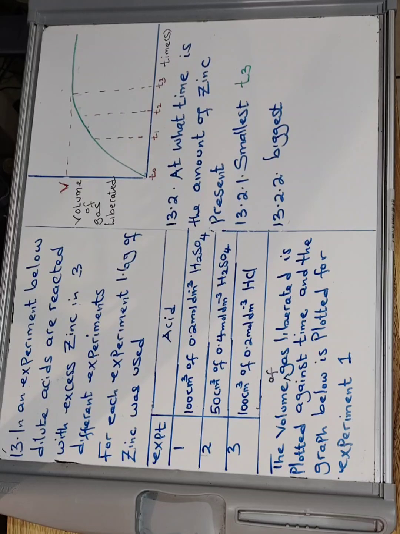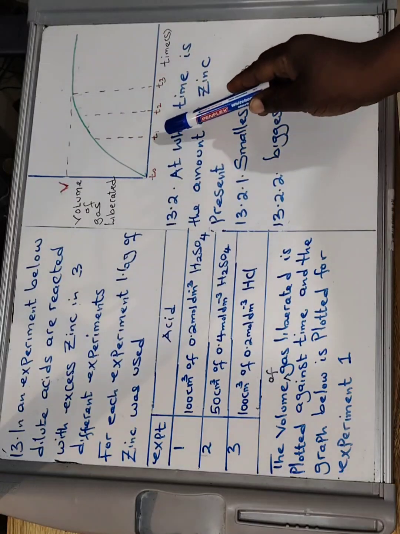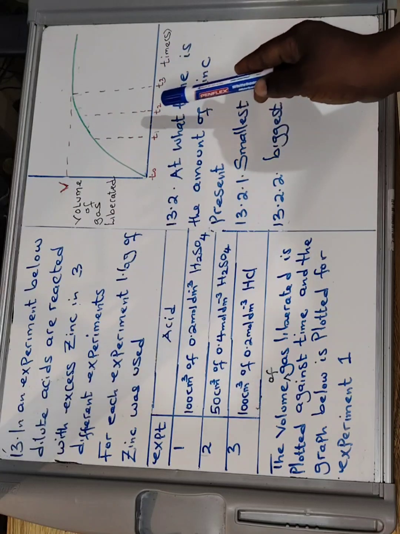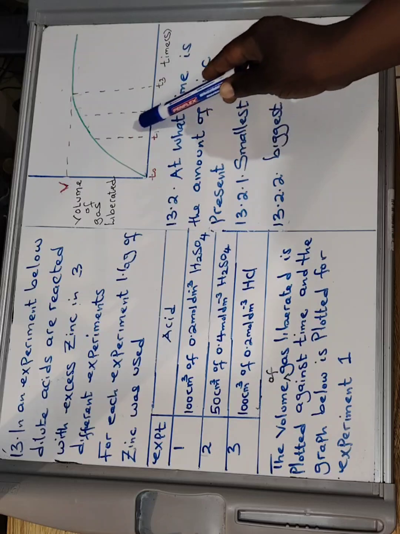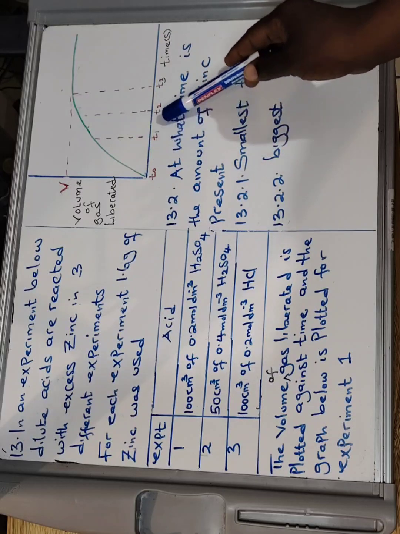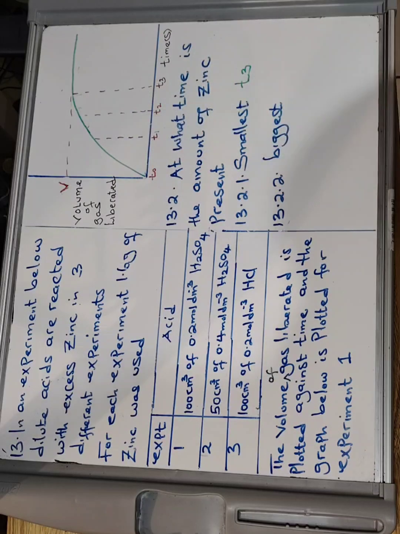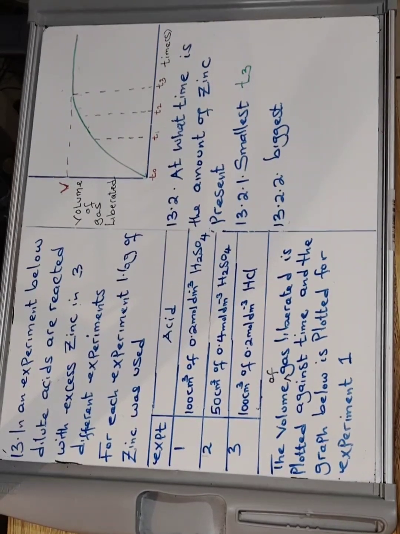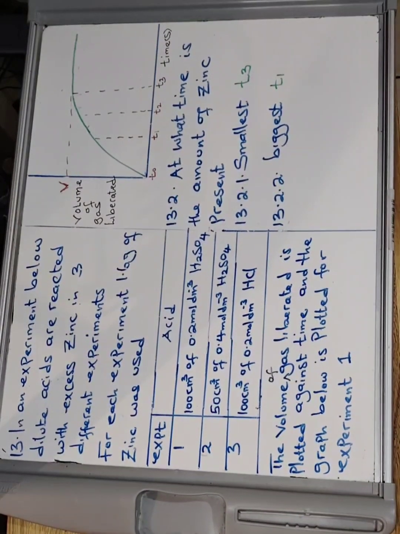So when you compare the 3 times, the T1, the T2, and the T3, we are going to conclude that at T1, the amount of reactants is bigger compared to the preceding one. So at what time is the biggest? It's going to be T1. So that is that.